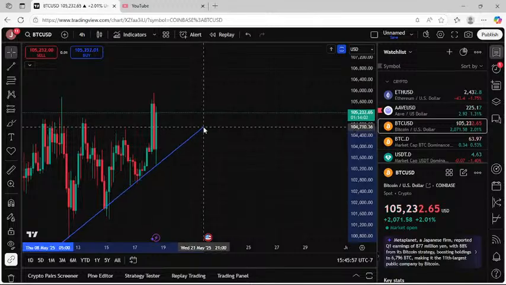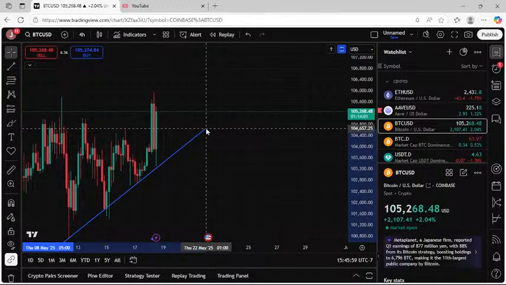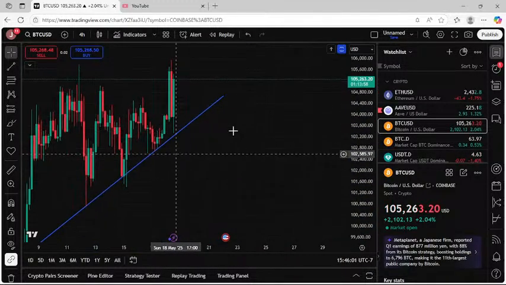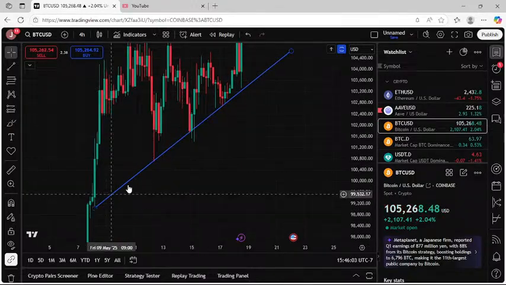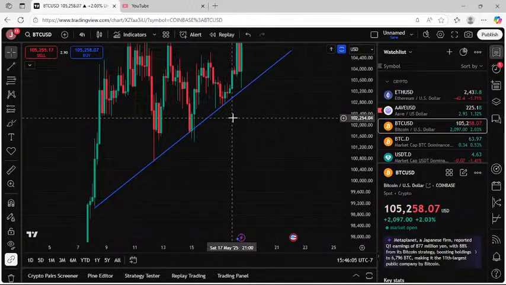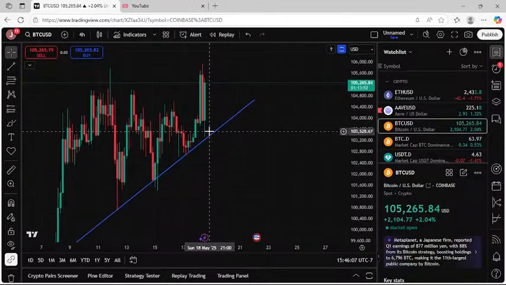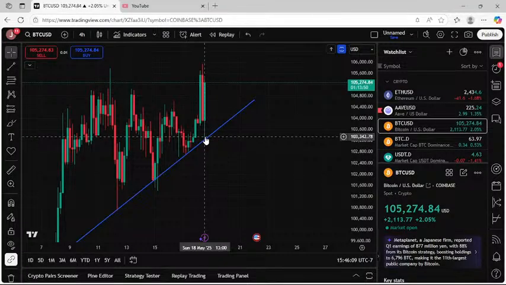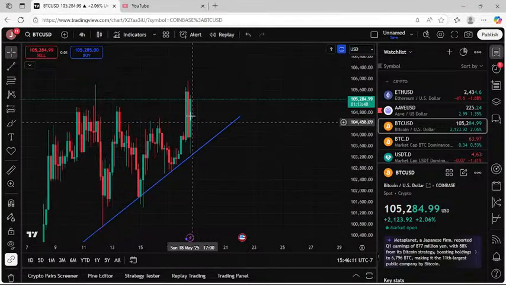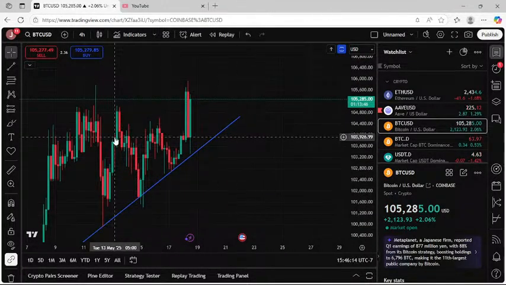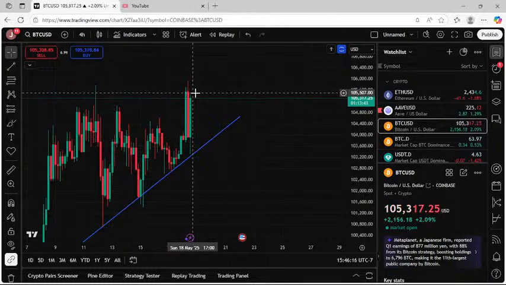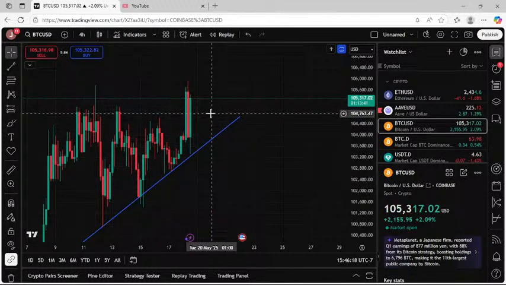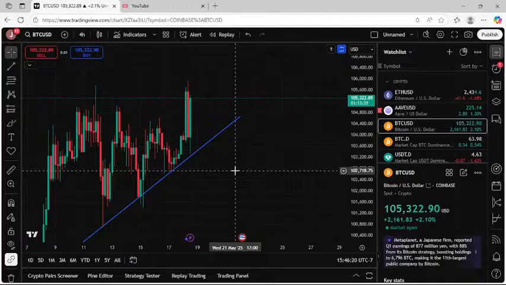This is what really supports my idea for the move down, because this trend line's been hit on the 4 hour almost five times. I think if we would have hit that, we would have fallen through. But this next one I think is the one that's going to bring us down. So right now we have a nice little move up, so I will take that.